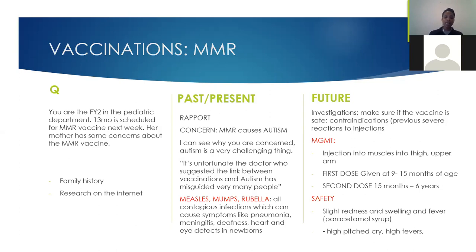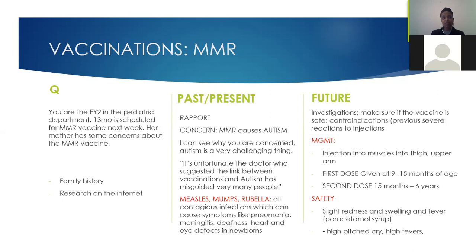Okay. Now, if I can give you some information about why there is the misconception between MMR and autism, there was a lot of misguided literature given by one of the physicians who said that autism is caused by MMR, but he was also misguided, because after a lot of research by different ministries across the world, it has been seen that MMR and autism have no link.